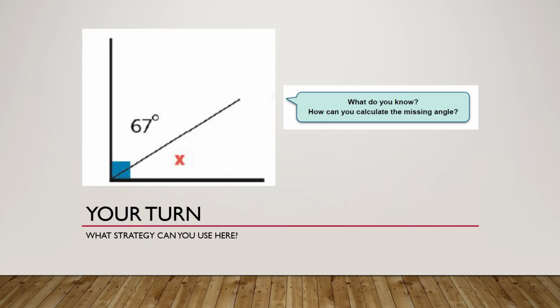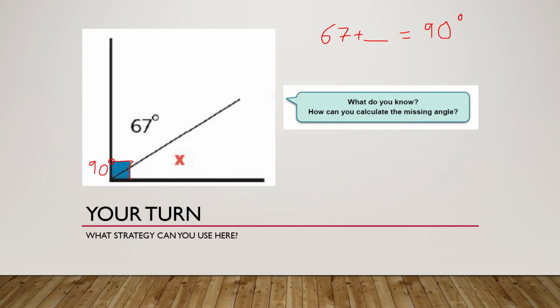And when you've unpaused it and come back, we can say, well, this time we know that even though it's not written here, we're aware that this bit here, that's 90 degrees. So if that's 90 degrees, then we must have 67 plus something equals 90 degrees. And we could do some counting on here.